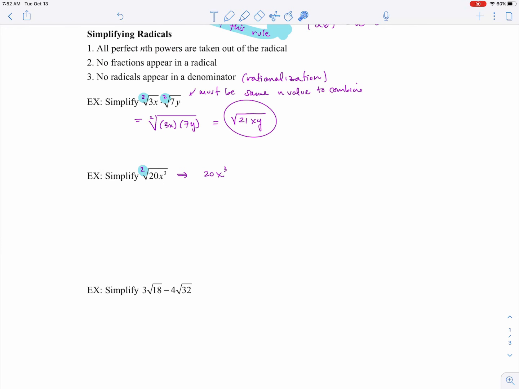So what we need to do is take 20x cubed and factor it as best we can. This is 4 times 5 times x cubed, which I'll write as 2 times 2 times 5 times x times x times x. And so what we have here are pairs of factors.